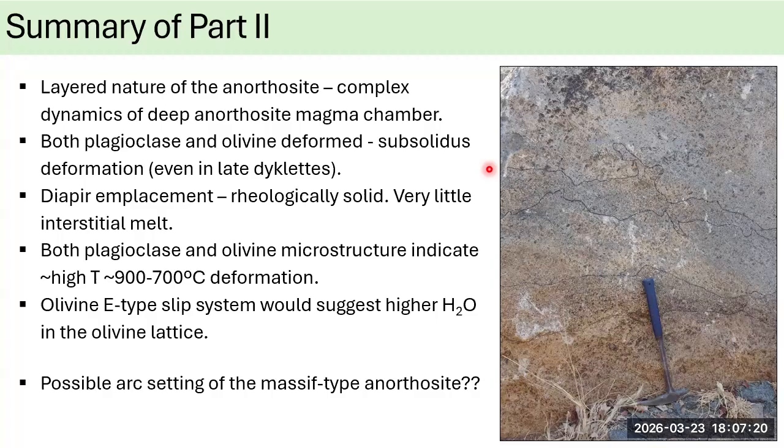They show layering. Even when there is no layering, they show alignment of crystals, but they also show absence of layering and alignment of crystals. They also show these late dikelets coming in. So it's a very dynamic anorthosite magma chamber, if I can say so.